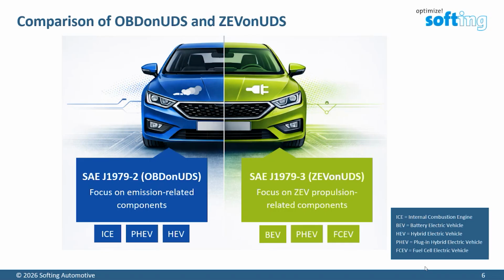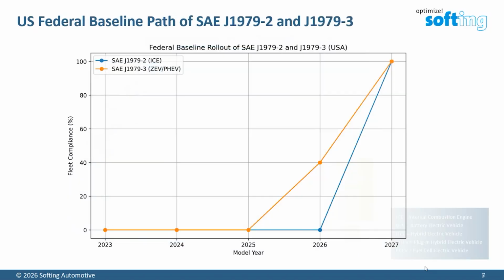That's a good question. Well, for the United States, we have the following rollout plan. What we see is the US federal baseline path of J1979-2 and -3. The blue curve describes internal combustion engines that comply with OBD on UDS. And we can see that in a single step, 100% fleet compliance is mandatory for model year 2027.